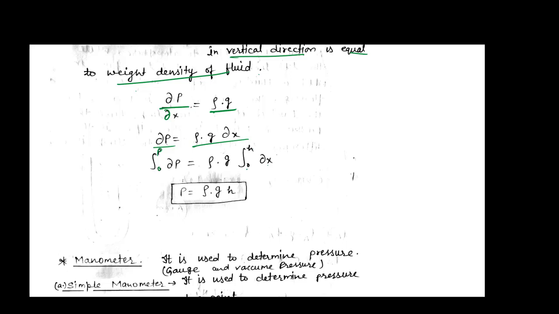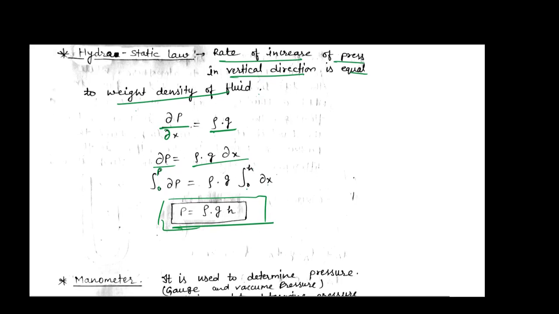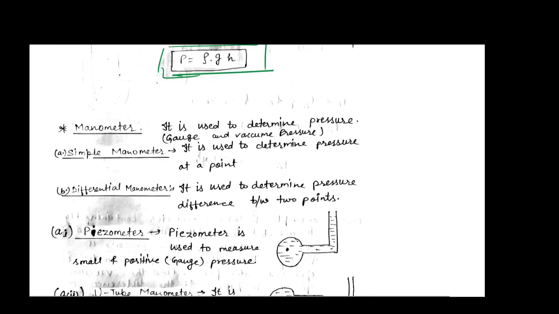So by solving it we get p is equal to rho g h. So it is the value of pressure. You can easily calculate pressure in a static fluid by P equal to rho g h.